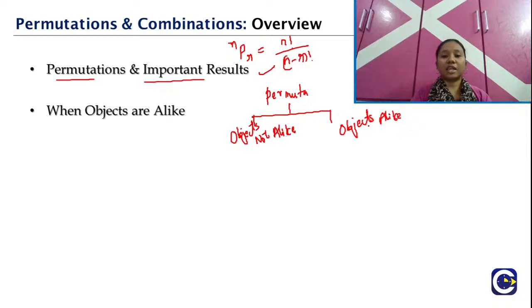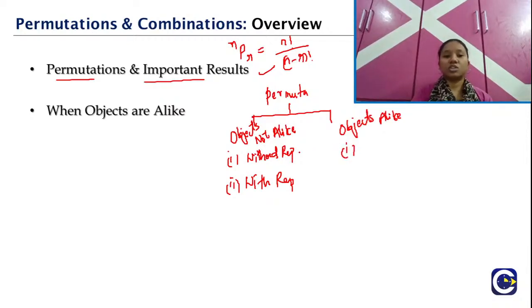For each of these conditions we have seen two cases: one without repetition and the second with repetition. So what is the formula when objects are distinct? Without repetition, that is nPr. Similarly, with repetition, it is n power r.